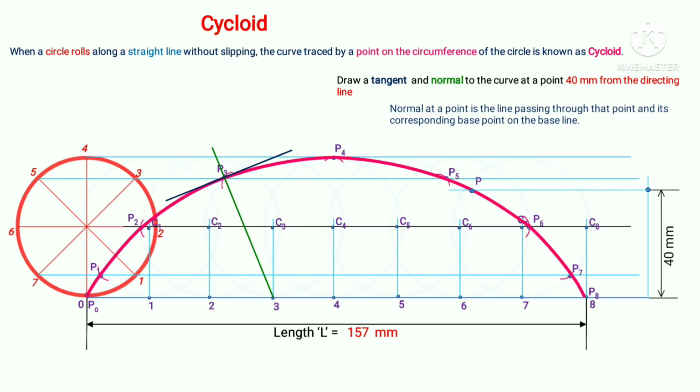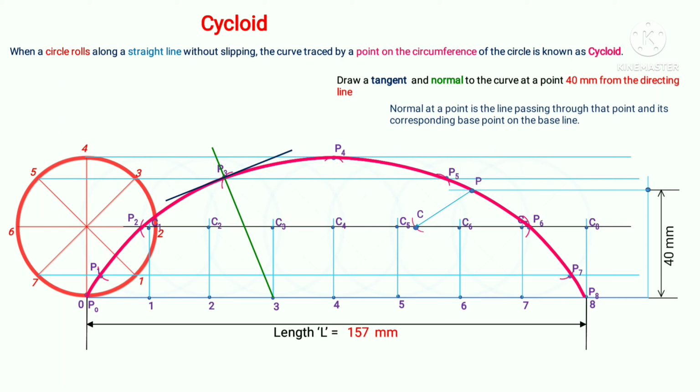Now from the point P with a radius of the generating circle, in this case 25 mm, we cut an arc on the center line. So with a radius of 25 mm, an arc is cut on the center line, and that point is the center point for the point P. For the point P, it is the corresponding center point and it is marked with the letter C.